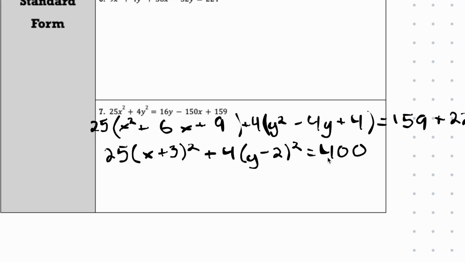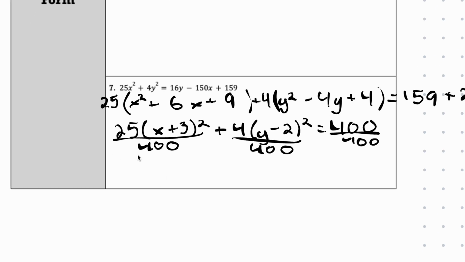So now we divide both sides by 400. And what we end up getting, 25 divided by 400 is going to give us 1 over 16.